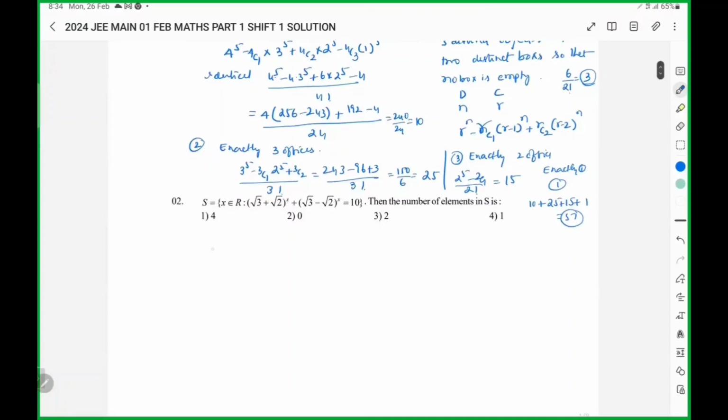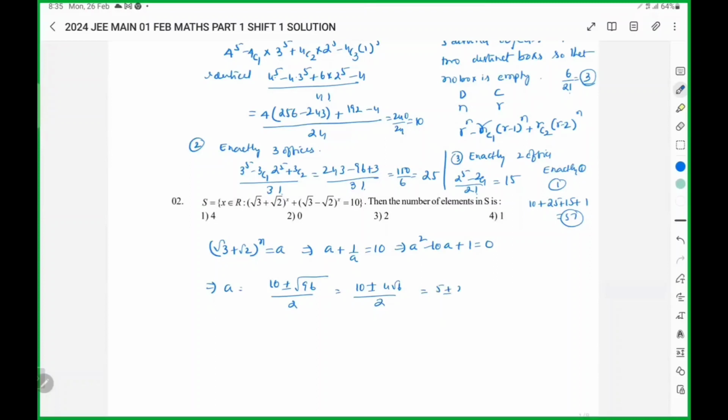Here it is (root 3 plus root 2) power x plus (root 3 minus root 2) power x is 10. You take (root 3 plus root 2) power x as a. A plus 1 by a is 10. A squared minus 10a plus 1 equals 0. A will be 10 plus or minus root of 96, that is 10 plus or minus 4 root 6, by 2, which is 5 plus or minus 2 root 6.